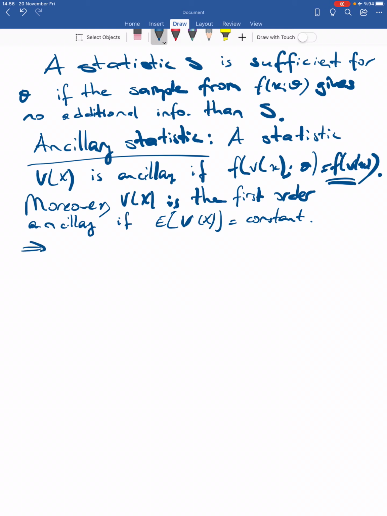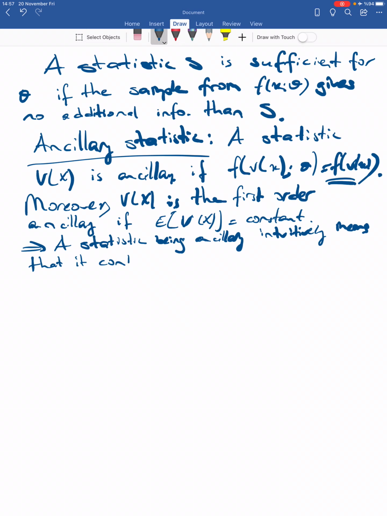So basically, such a statistic being ancillary intuitively means that it contains no information about theta.